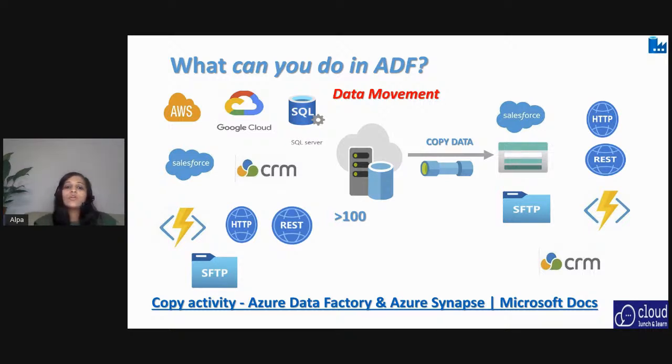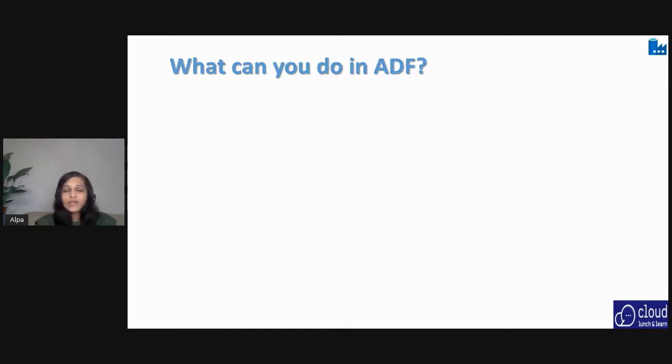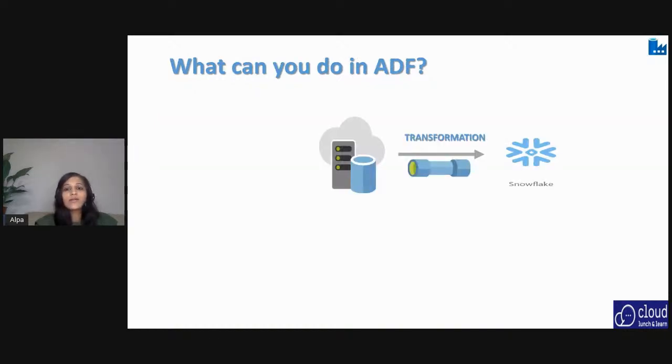Now let's move on to the next one, which is data transformation. We can do data transformation, and for that, Azure Data Factory has mapping data flow. This mapping data flow uses a Spark cluster behind the scenes, but you don't need to worry about that at all. You just need to drag and drop components. That's it. So without writing code in different languages, you still can have those features by just drag and drop using the mapping data flow in Azure Data Factory.